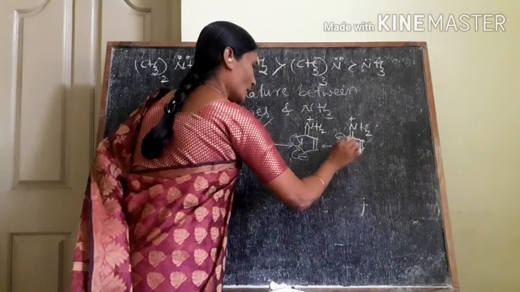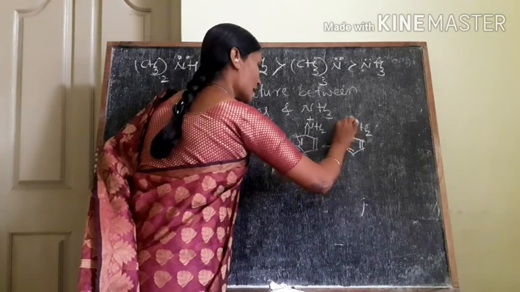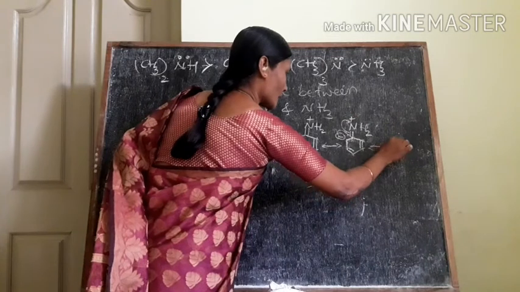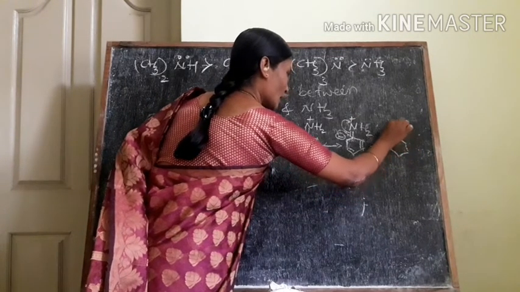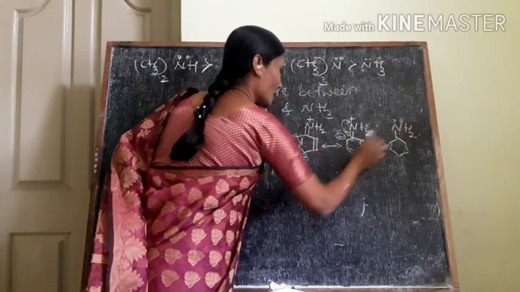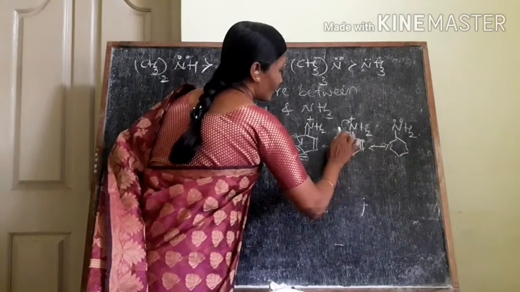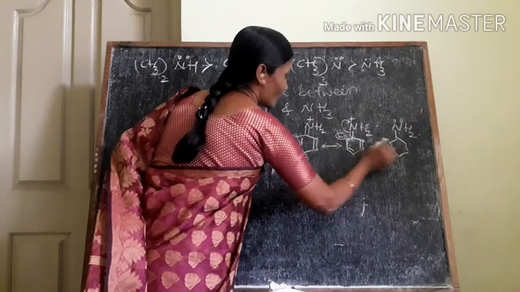Now these are shifting to this position and these paired electrons are on nitrogen. It becomes a benzene ring with a single bond, and nitrogen contains 2 hydrogens and a lone pair of electrons. Then this delocalized pair of electrons comes to this position.